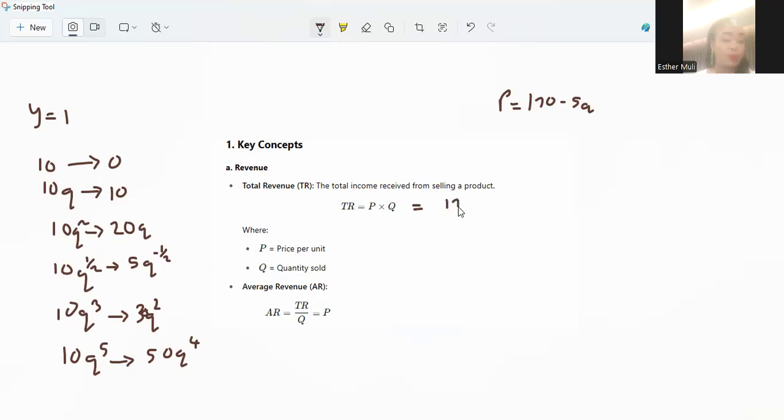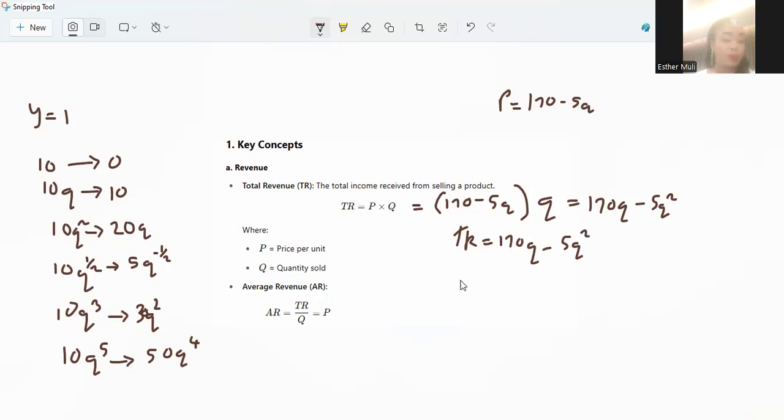It's 170 minus 5Q, then you multiply by Q. So 170 times Q is 170Q, and 5Q times Q is 5Q squared. So our total revenue will be 170Q minus 5Q squared.